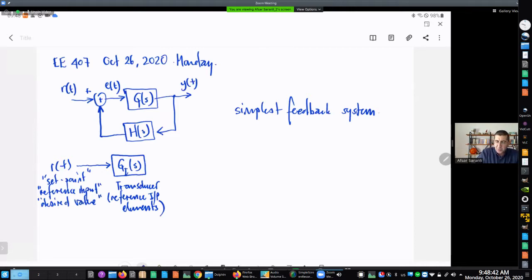Now, at this point, the reference becomes compatible with what we have from the output. Okay, and usually the output comes through a function H of t, H of S in the S domain.